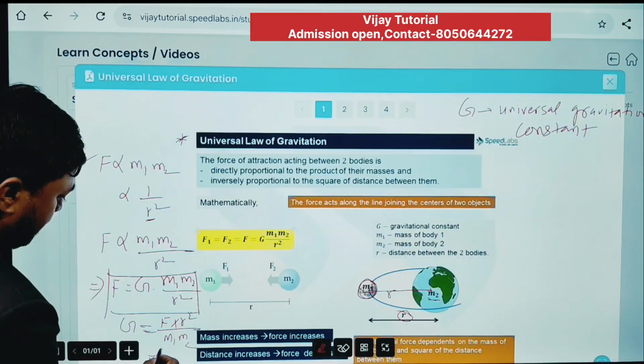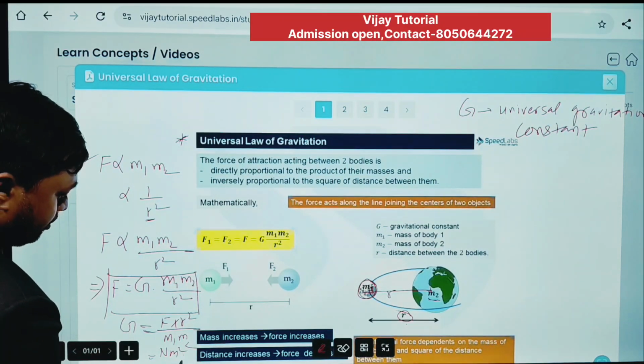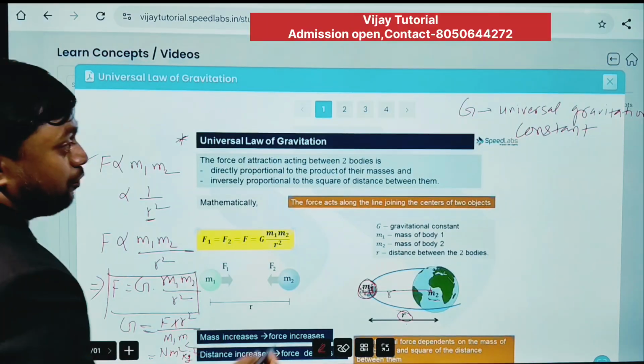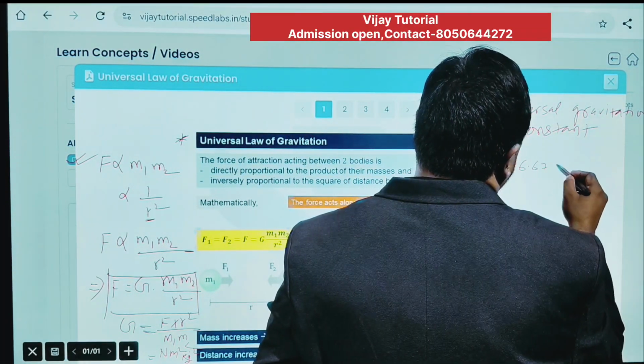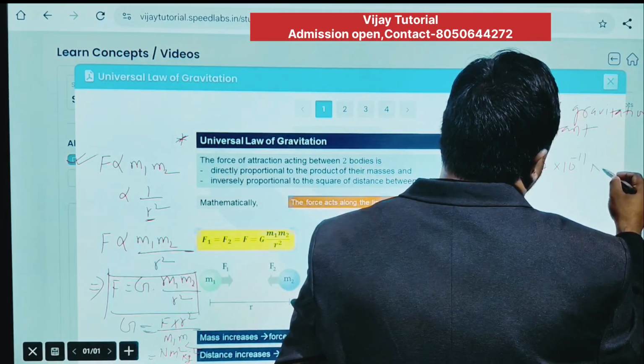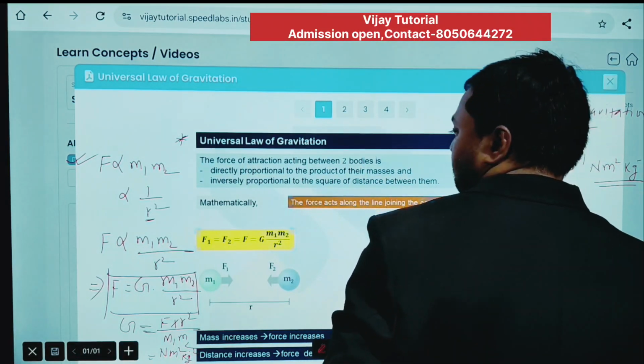So force is in Newton, distance square in meter square, and upon kg into kg, so it becomes kg to the power minus 2. The value of G you have to remember: G is 6.67 into 10 to the power minus 11 Newton meter square per kg square. This is very, very important.